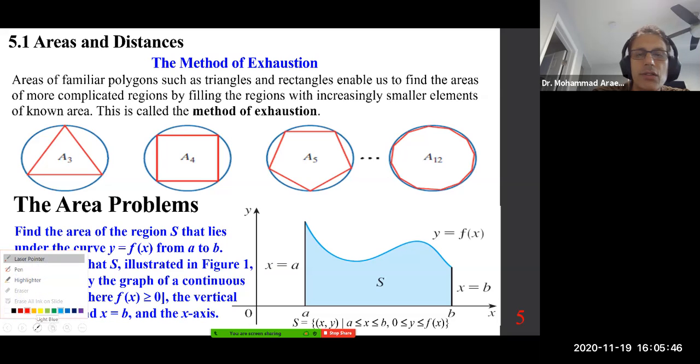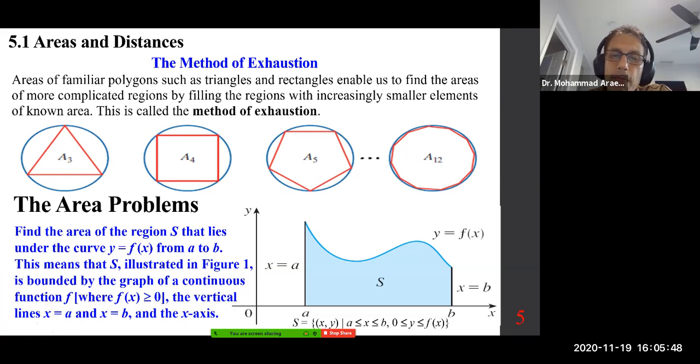If I cut this into four subintervals, delta x is b minus a over n, and in this example would be over 4. This is delta x, everybody.